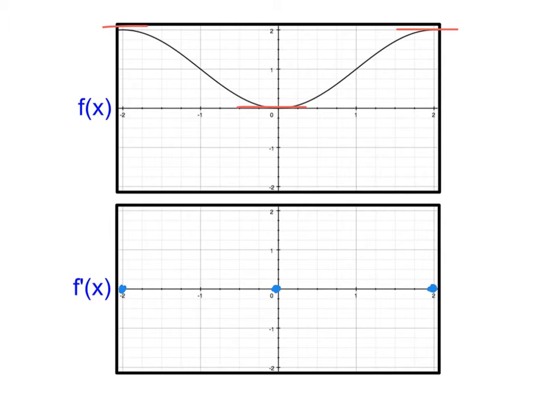Now again, I said I was going to do this one much more generally. So I'm not going to worry about the specific slope here. I could draw it in and calculate it, but I'm not going to worry about that right now because that's not our biggest priority. I did that on the last one because I wanted you to see why it was a line and not a curve. So on this one, between these first sets of zeros, so right in this section here, our original graph has a slope that is what?